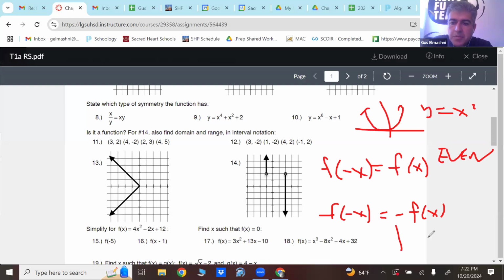And here, that's y equals x cubed. That's odd. So hopefully that makes sense.